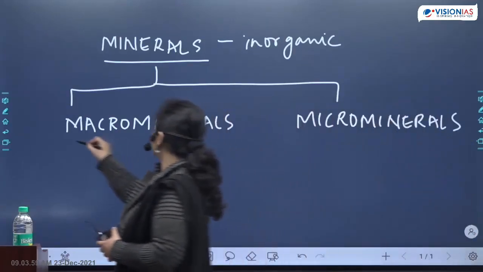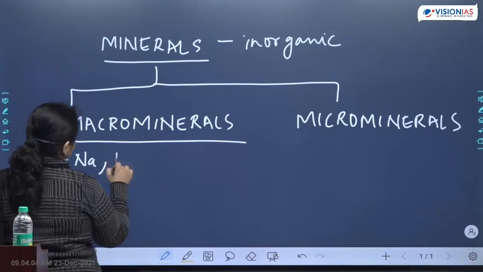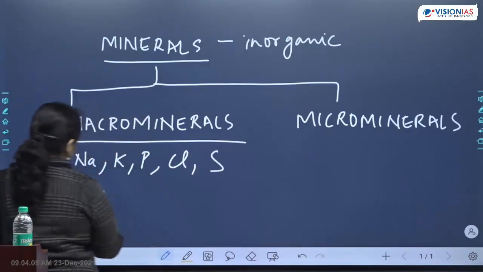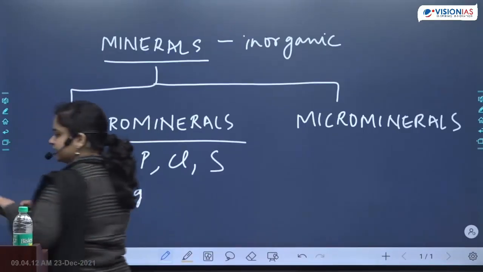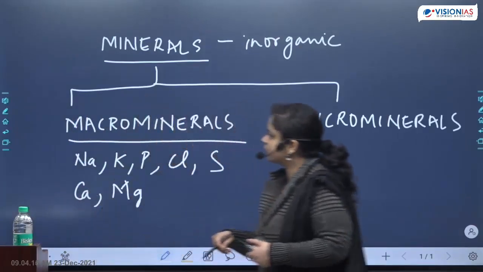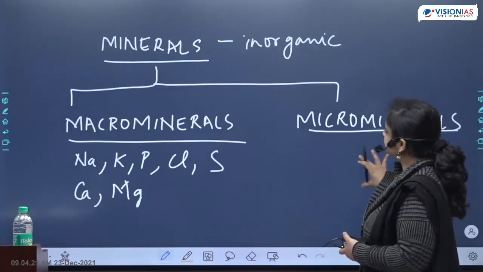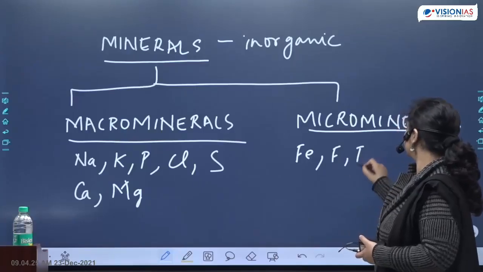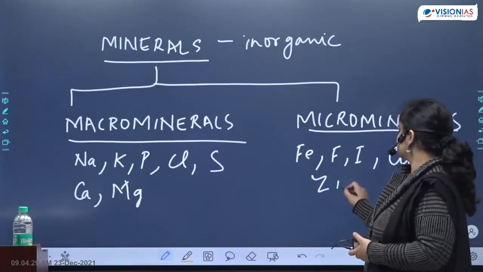In macro minerals, we have sodium, potassium, phosphorus, sulfur, magnesium. Okay, these are your macro minerals. And in micro minerals, we have iron, fluorine, iodine, copper and zinc.